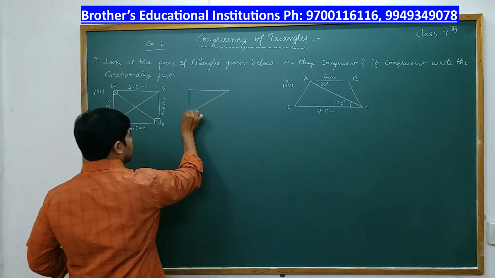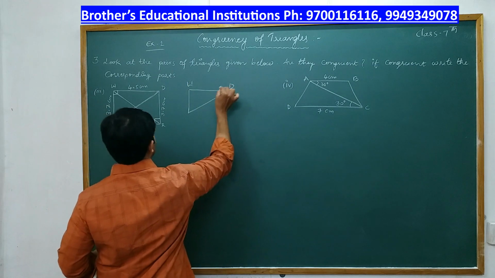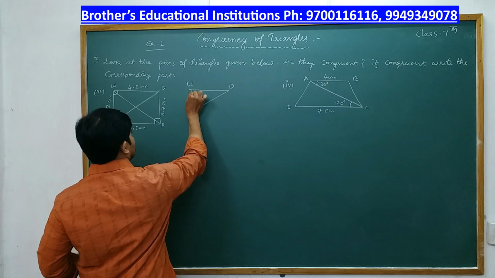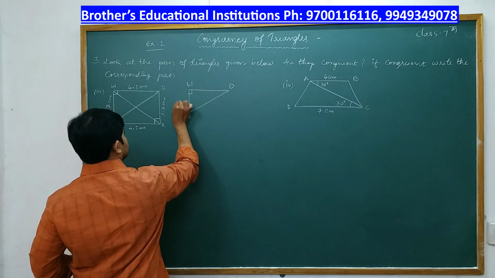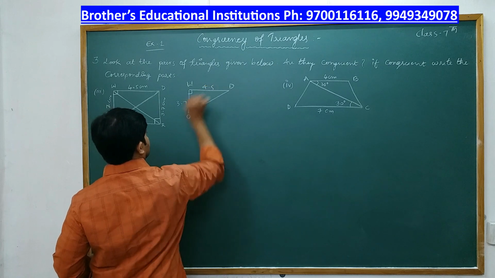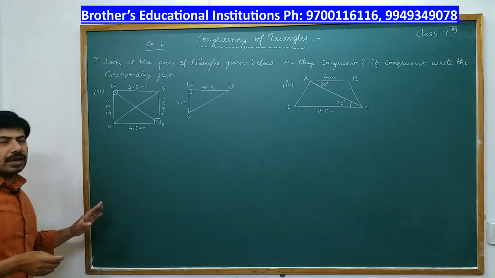This is one triangle. Okay, this is WDO, 90 degrees, 3.7, 4.5 centimeters. Then I take one more triangle with diagonal OD.